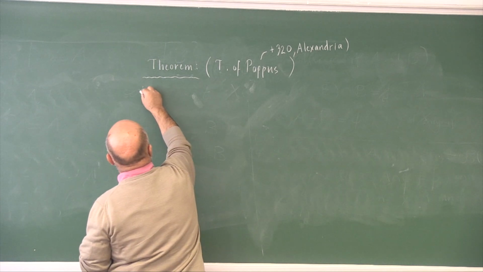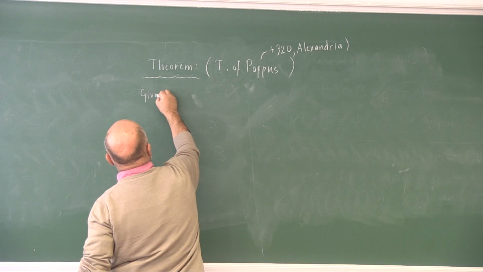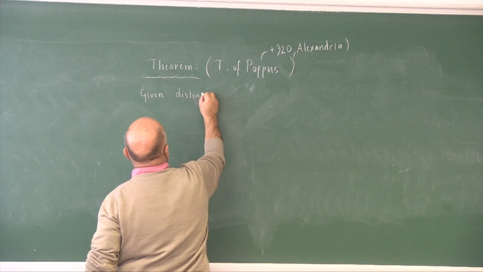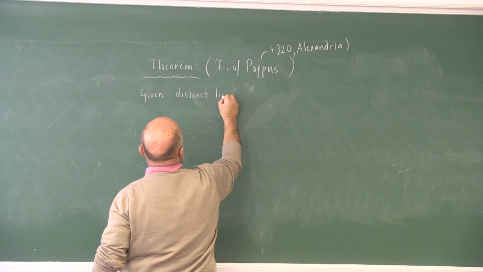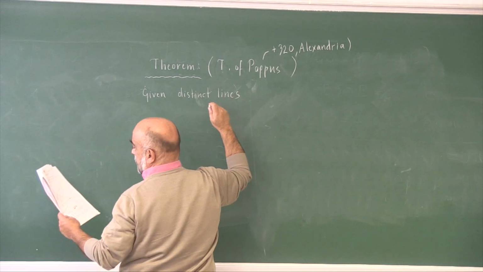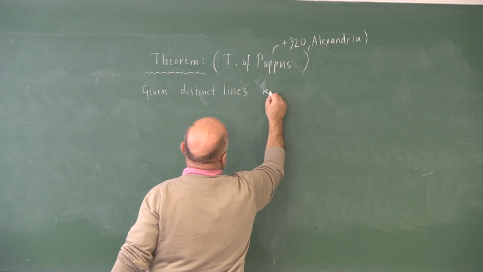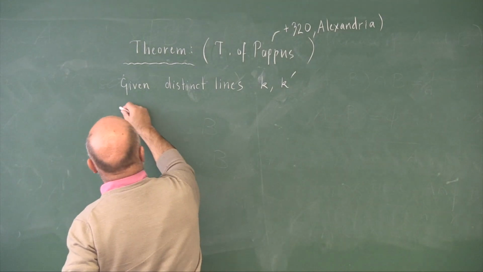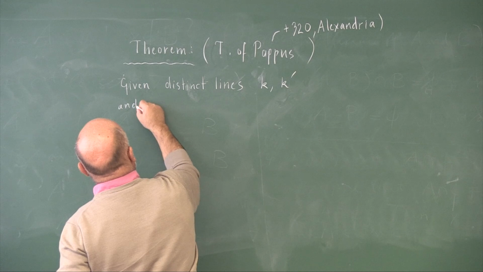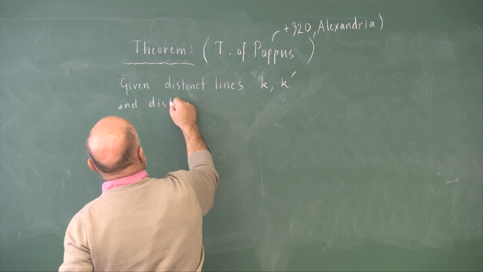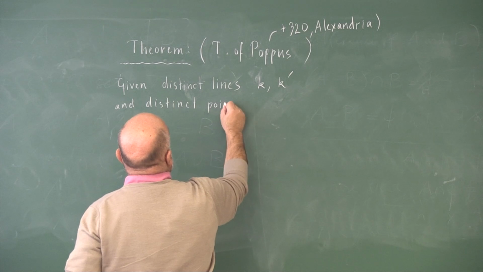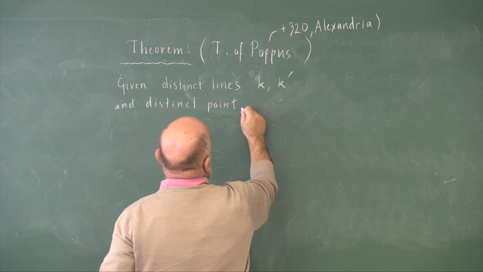Given, okay, so I take distinct lines, let's say K and K prime, and distinct points. Well, there will be 6 points.